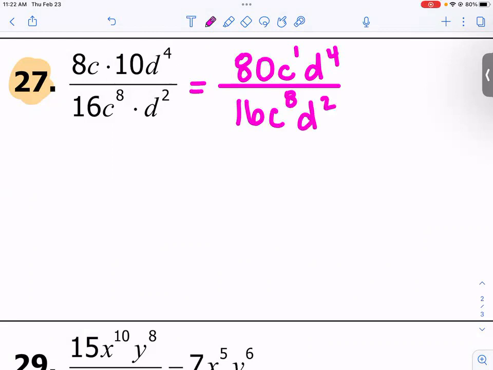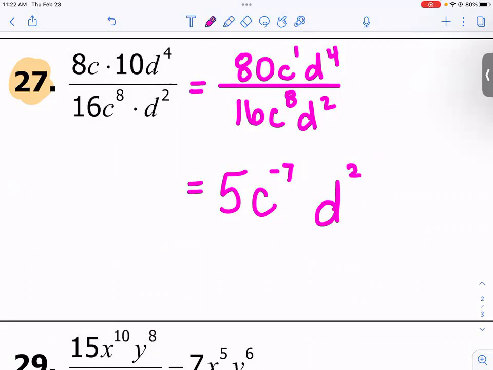Now we can perform our division. What is 80 divided by 16? Okay, and that was fine. But now we have 1 minus 8 for our exponent for C, and we have 4 minus 2 for our exponent for D. So -7, yes, is our exponent for C. And what's 4 minus 2?